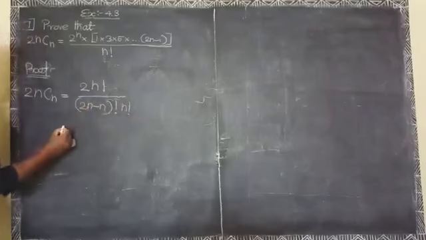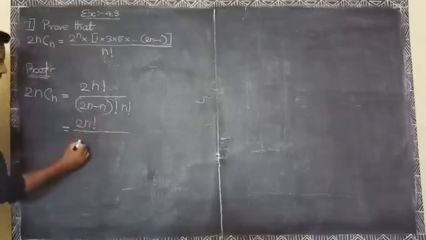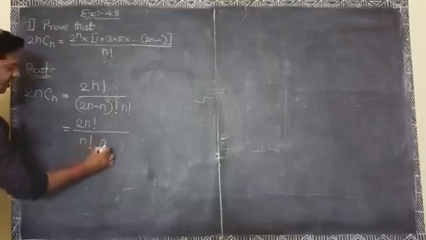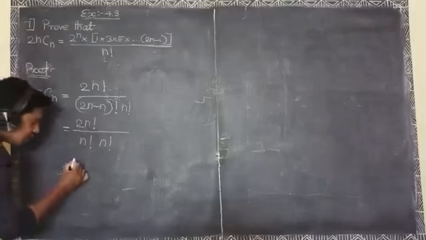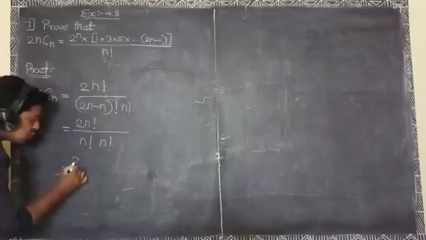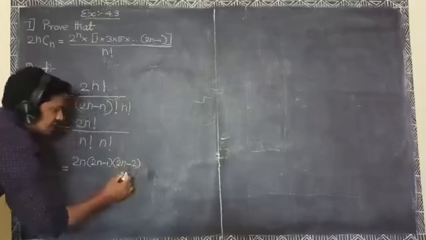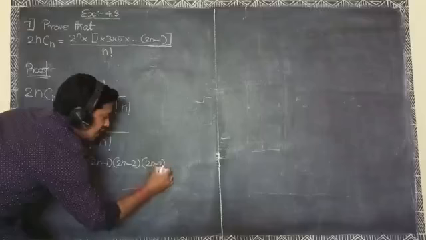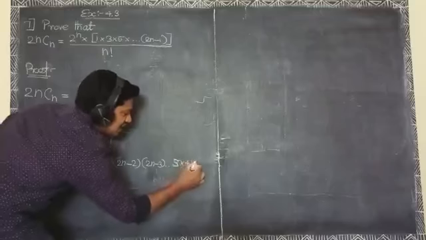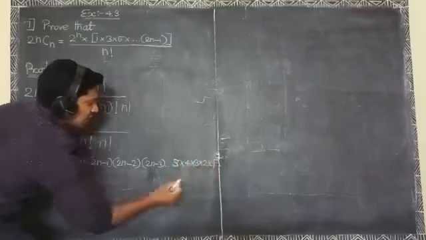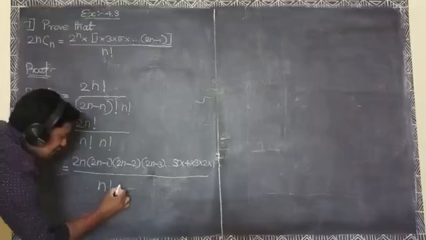Then the numerator is (2n)!, which means 2n into (2n minus 1) into (2n minus 2) into (2n minus 3) and so on, 5 into 4 into 3 into 2 into 1. The denominator doesn't change, that is n! into n!.